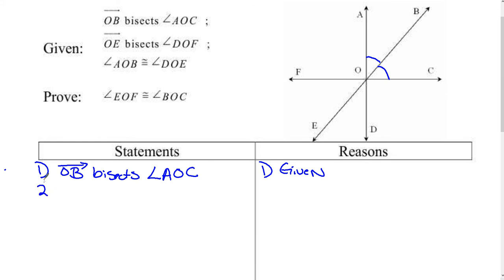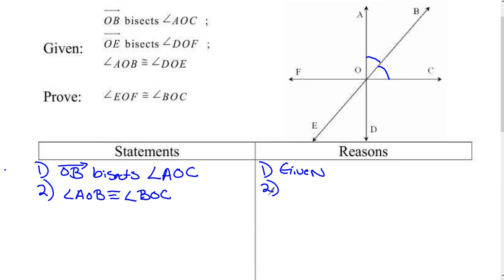So now 2, I'm going to say that angle AOB is congruent to angle BOC. And what is the reason that I just got for that? I heard it. Definition of what? Yes.